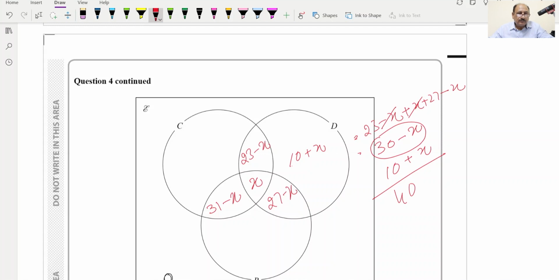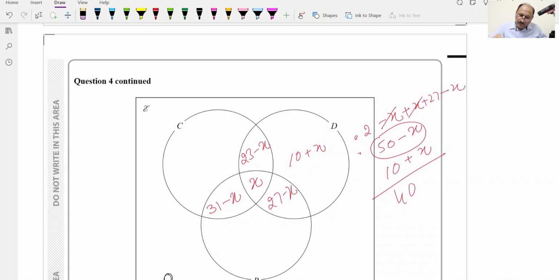And what next can we calculate here? Here we have made a mistake. This 23 plus 27 should be 50, and we have written 30, so it should be 50 over here.